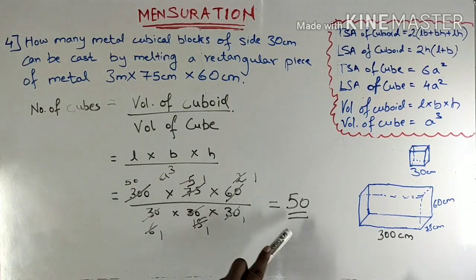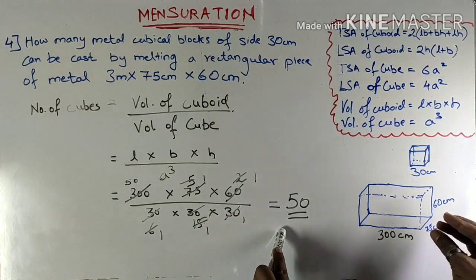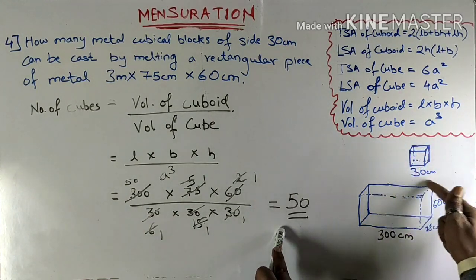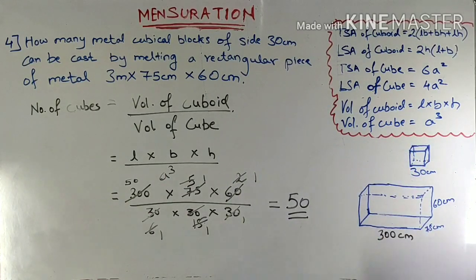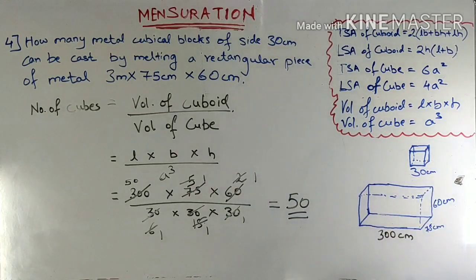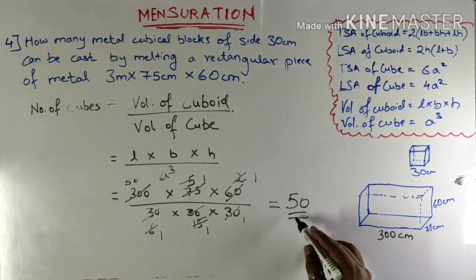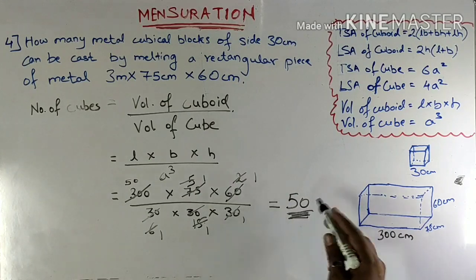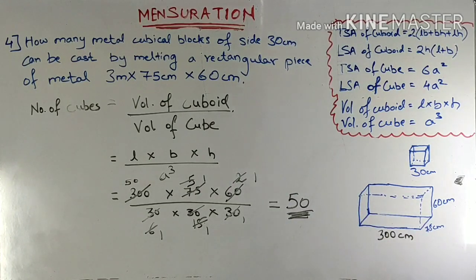So what will be the answer if I have a small piece of metal left out that cannot be converted into a cube of this dimension? Imagine that this is the amount of metal left out, which is not of this size, so I cannot make a small cube of it. What would this answer be in that scenario? Comment your answers in the comment box. I would really like to see your responses.